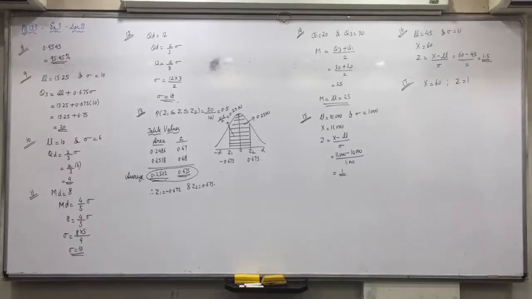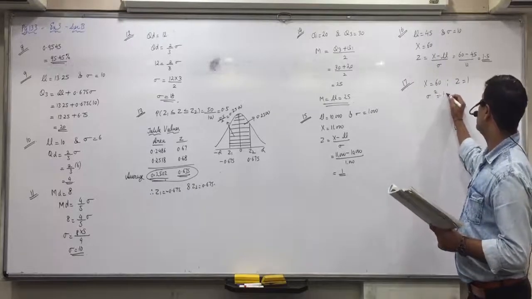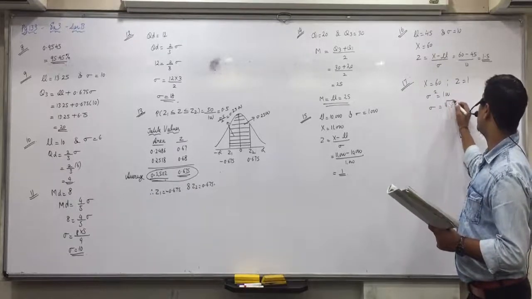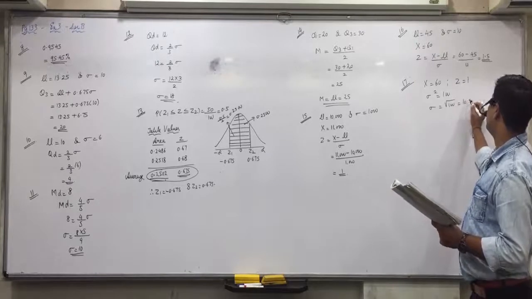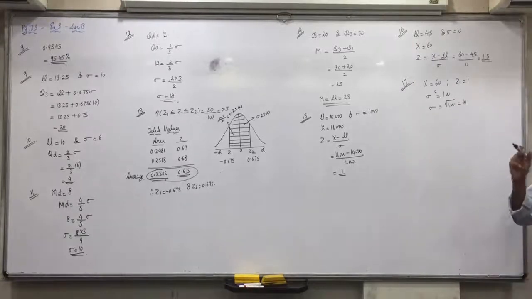For 60 marks, he obtained the Z score as 1. Did you understand this? If its variance is 100, means sigma square is 100, so sigma would be square root of 100, that is 10. Then find the average marks, means mu.